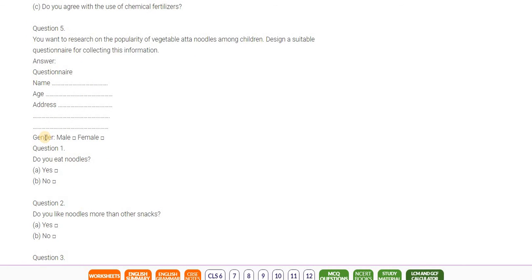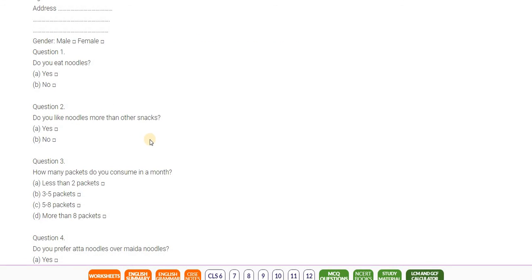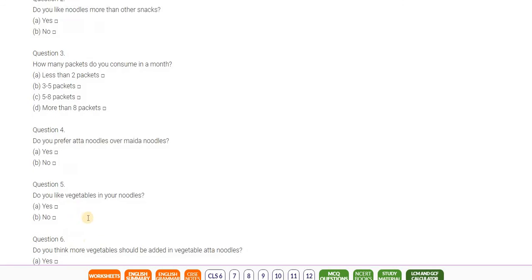Then mention gender, male, female. Do you eat noodles? Do you like noodles more than other snacks? Yes or no. How many packets do you consume in a month? Less than 2 packets, 3 to 5 packets, 5 to 8 packets. You need to give some options.